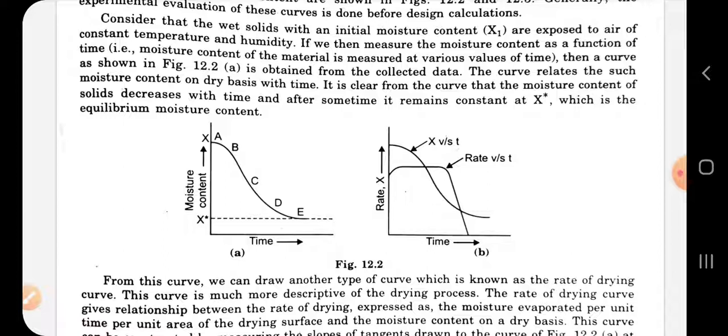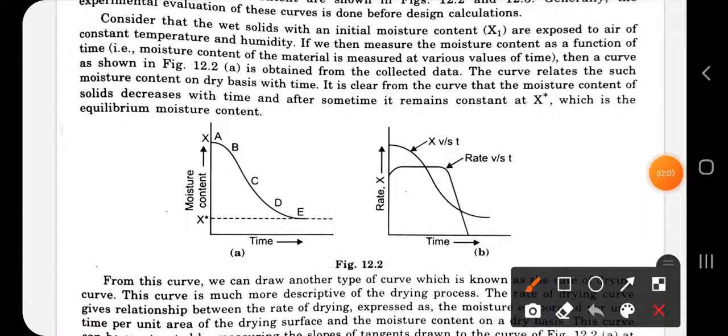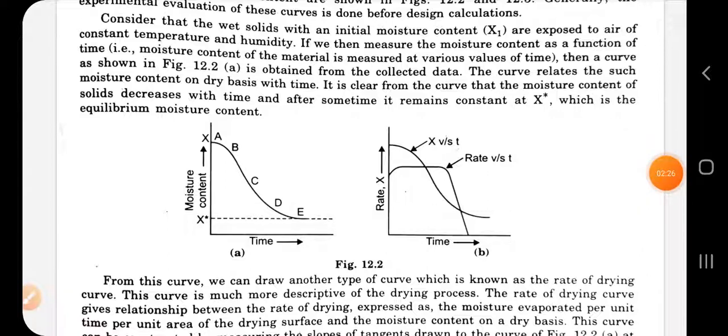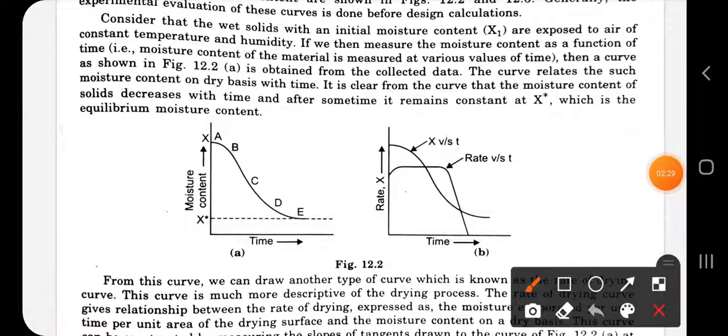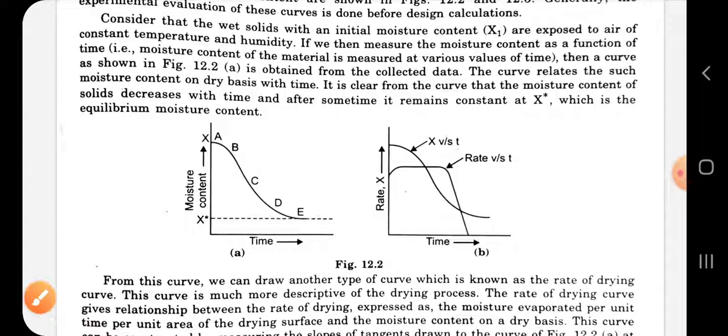We can see that with increase in time at points B, C, D, moisture content keeps on decreasing until at E it reaches equilibrium moisture content, X star. At point E, our solid is attaining equilibrium moisture content, and after that point, further drying will have no improvement in results.